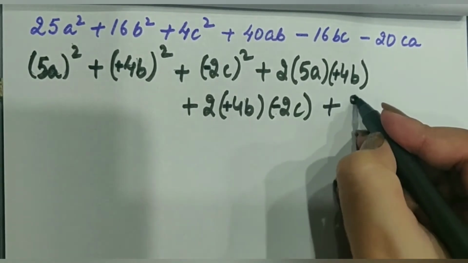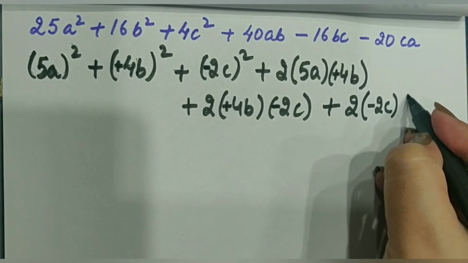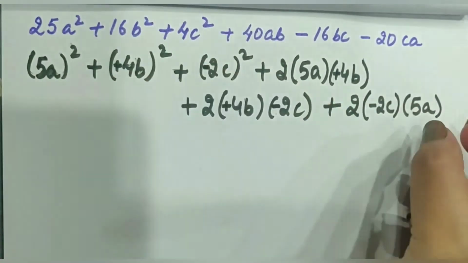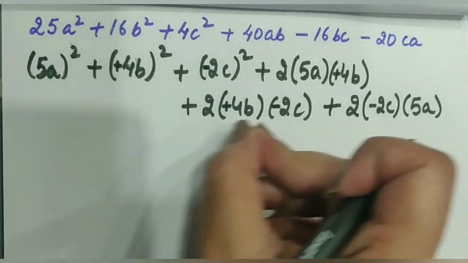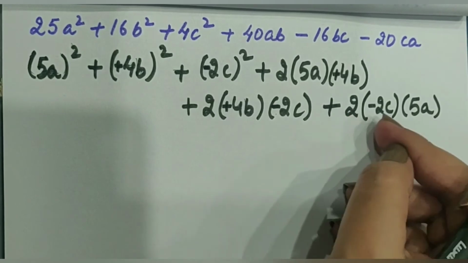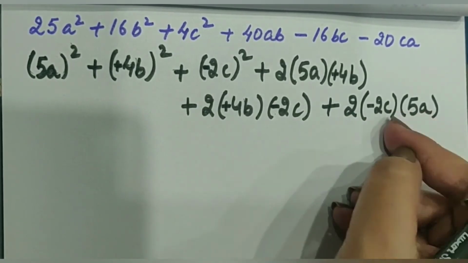Now last would be 2 into C into A. That means 2 into this term into this term, because it is 2AB plus 2BC plus 2CA. Let's check if we are going right or wrong. 2 into 2 into 5, 20. Minus is there, C into A, CA.